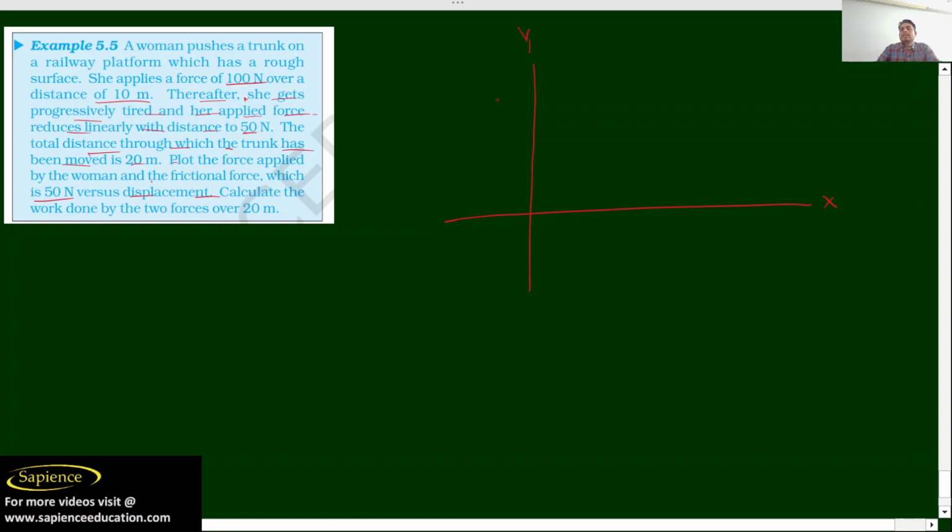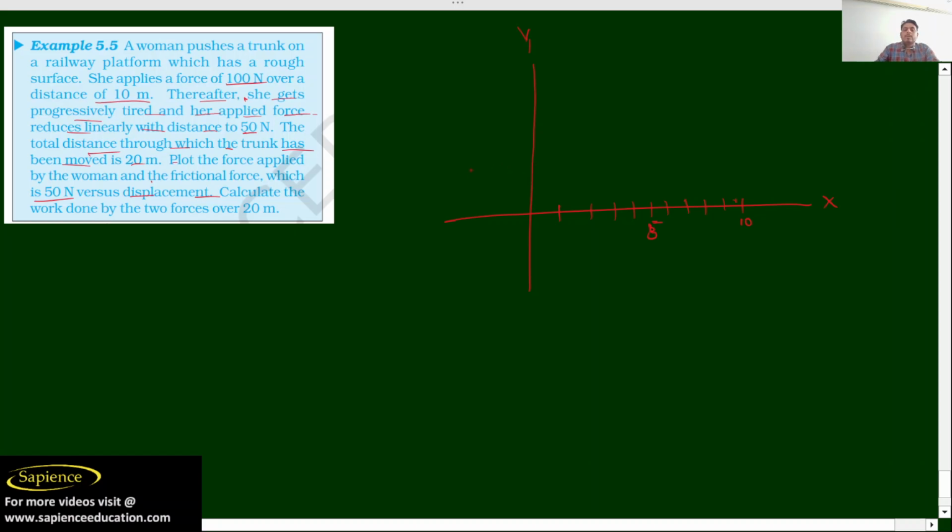On the x-axis, suppose this is 1 meter, 2 meter, 3 meter, 4, 5, 6, 7, 8, 9, 10, 11, 12. So lastly I have taken 10, 1, 2, 3, 4, 5. So this is 5 meter.